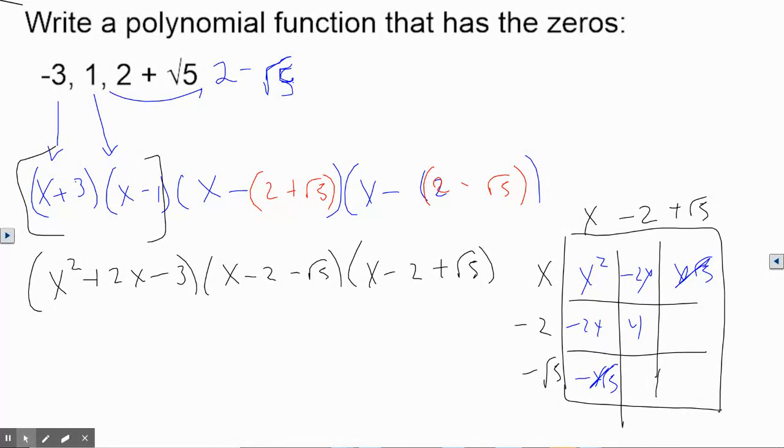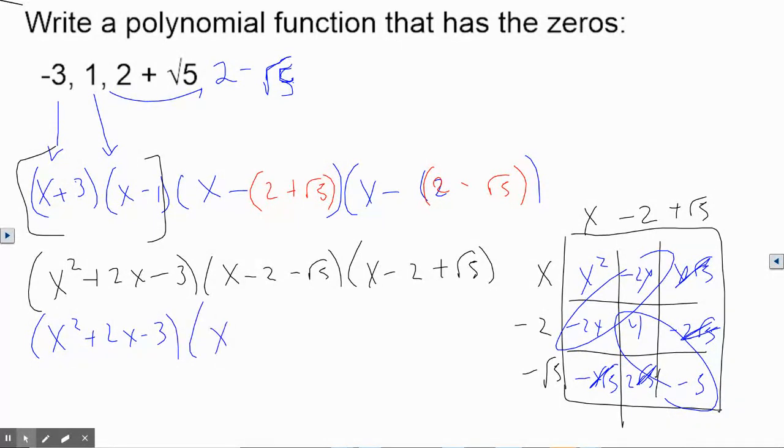And in these other two boxes, we get negative 2 square root of 5, and this one is positive 2 square root of 5, since negative times negative. So they add up to 0 also. And the last one, square root of 5 times negative square root of 5 is minus 5. So I have like terms this way and this way, because they're the only things left. So I have x squared plus 2x minus 3 times x squared minus 4x minus 1. Now, I hope that's what you got.